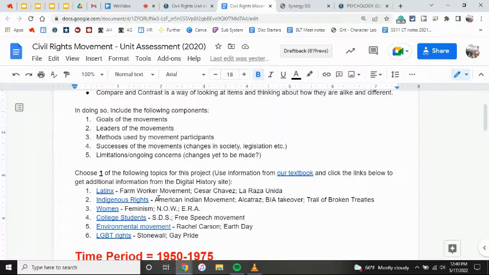You can look at the college students who were behind the free speech movement and the Students for a Democratic Society, SDS. You can choose the environmental movement and look at the origins of Earth Day and Rachel Carson, or you could get into LGBTQ rights and look at Stonewall and the kind of beginnings of that movement.